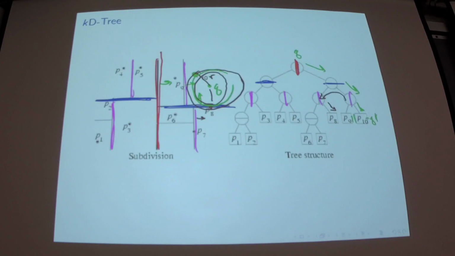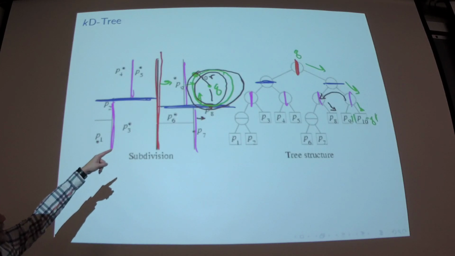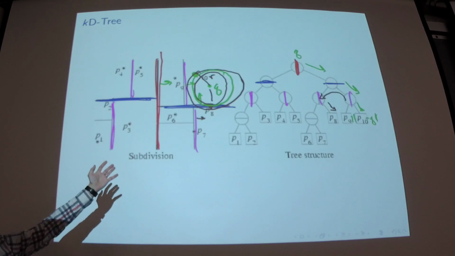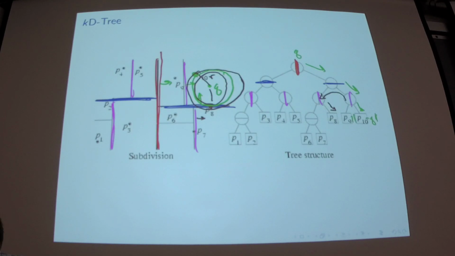What's really important is that if I do approximate nearest neighbor, maybe P10 is a sufficiently good approximate nearest neighbor, which means I don't have to guarantee that the black circle doesn't cross any cell boundaries, but I can shrink it some small amount into this green circle, and then maybe that green circle doesn't cross any of these boundaries. Then I can stop.